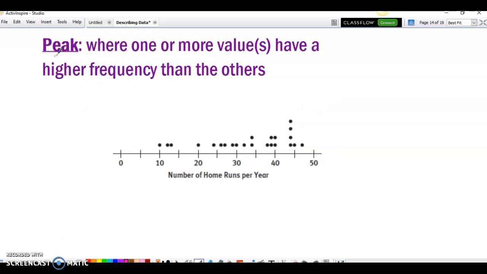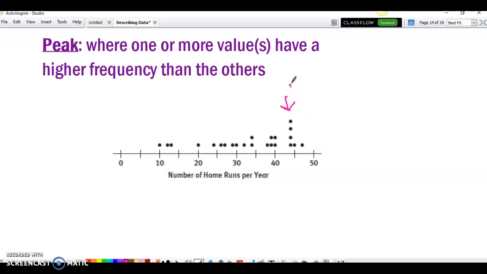Next one, peak. Peak, think of a mountaintop, okay? And I picked this example so that you can really pick it out. So peak is where one or more values has a higher frequency than others. So we've got really low numbers, 1, 1, 1, 2, 2, 2, 2, and then boom, it shoots up to 4, and then bam, back down to 1, okay?